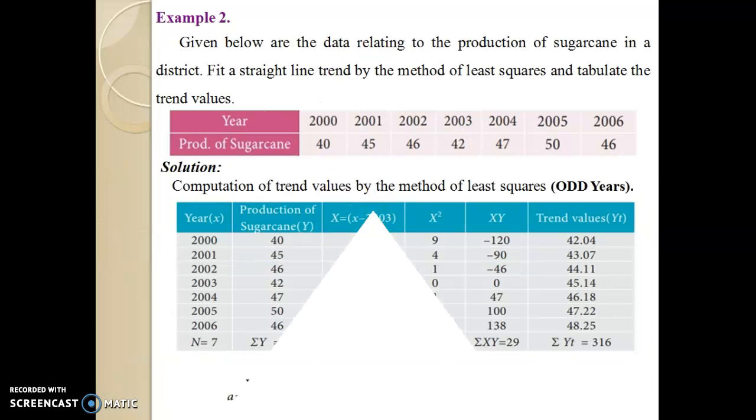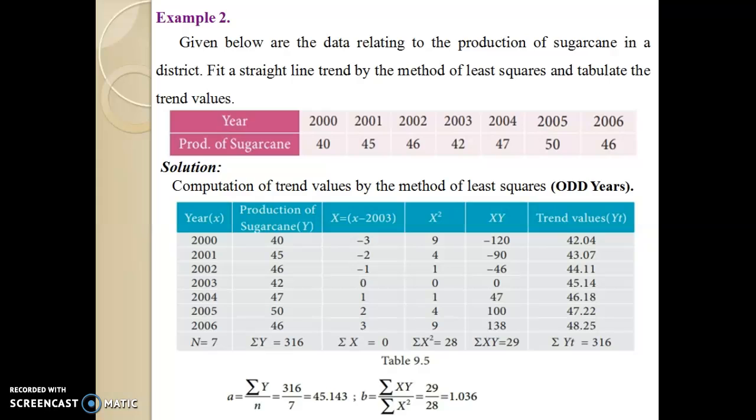Similarly, the same example is given below. In this example, the years are from 2000 to 2006. This is the year data, odd years.